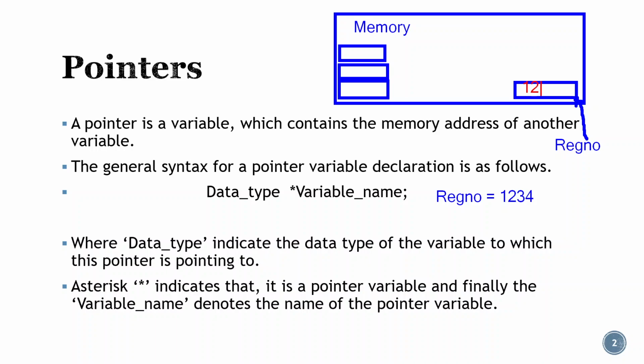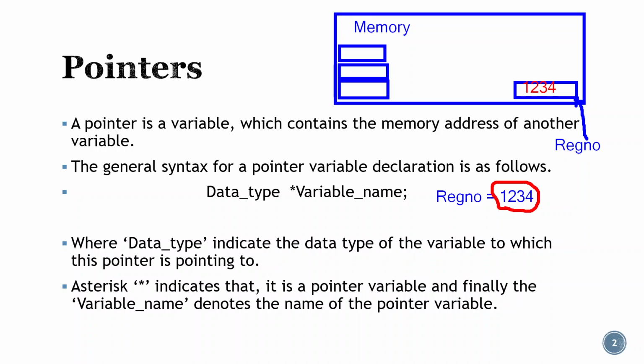That is what the variable is holding. An ordinary variable holds a value, either a number or a name or a character, depending upon the data type you have. But now you have a special type of variable which can hold the address.